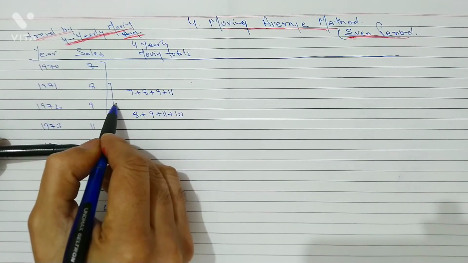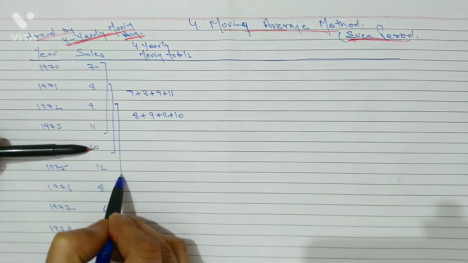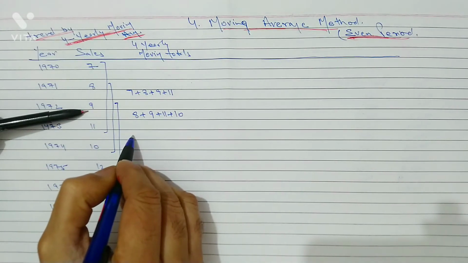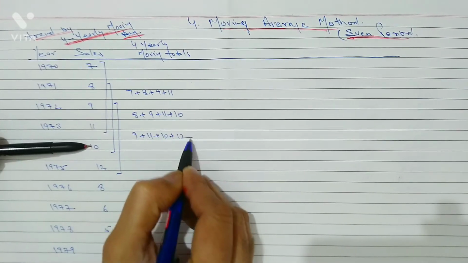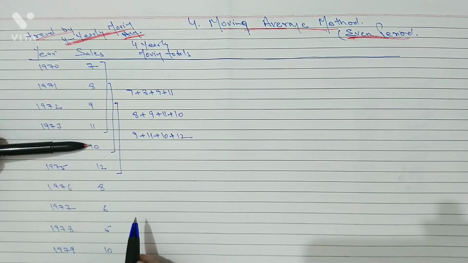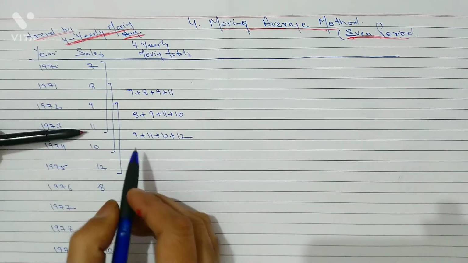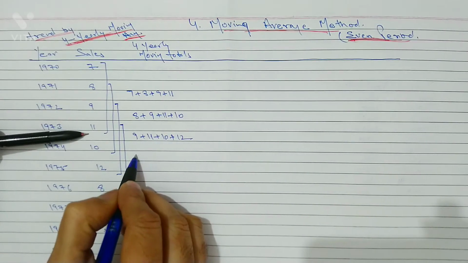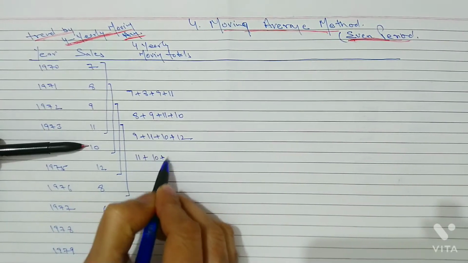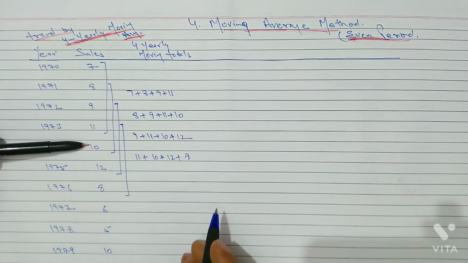Then total of next 4 terms: 9 plus 11 plus 10 plus 12. Then total of next 4 terms starting from 11: 11 plus 10 plus 12 plus 8.